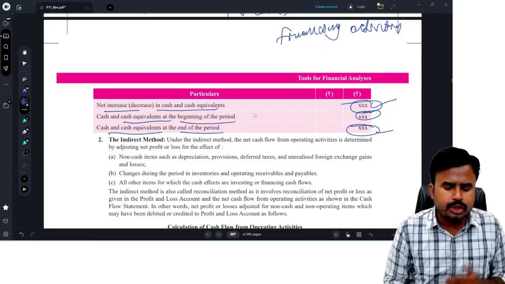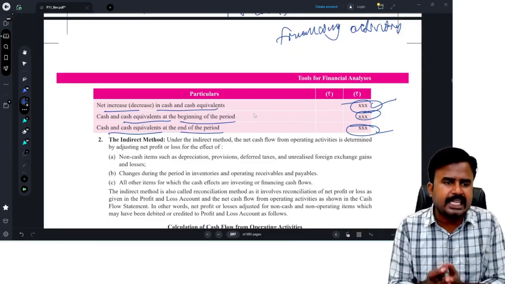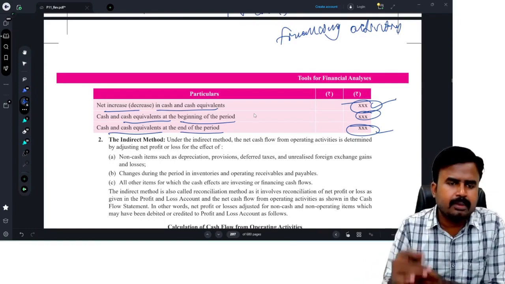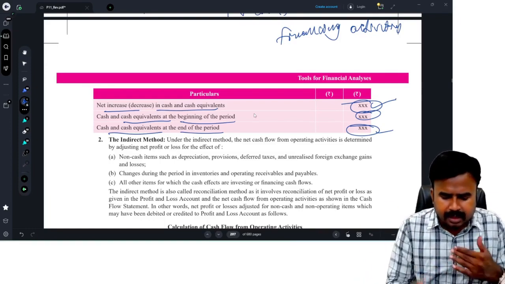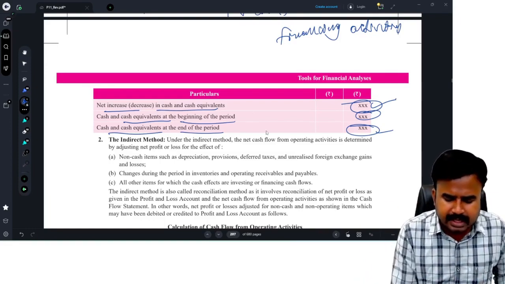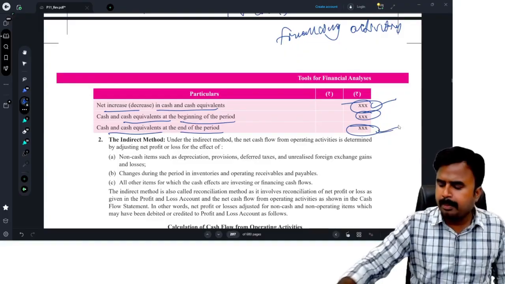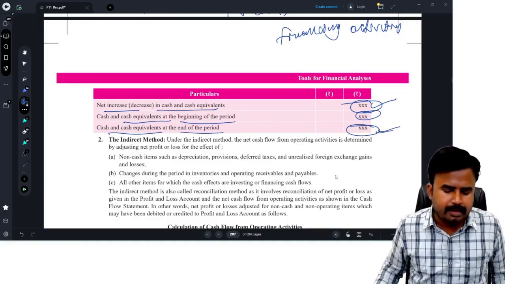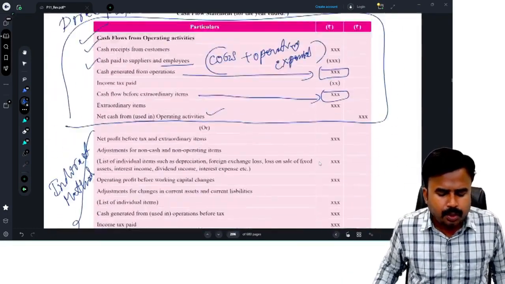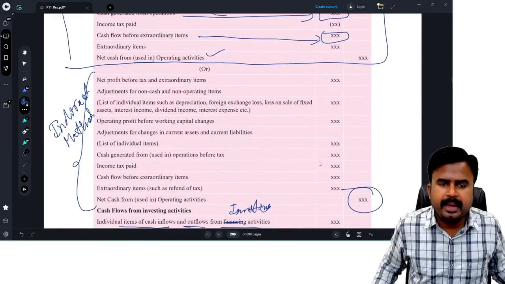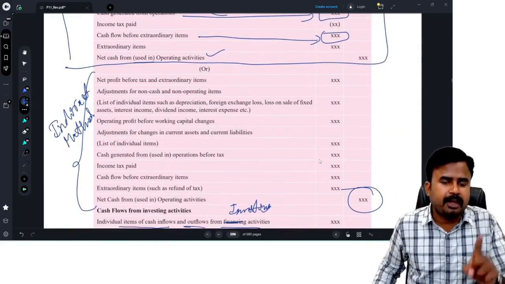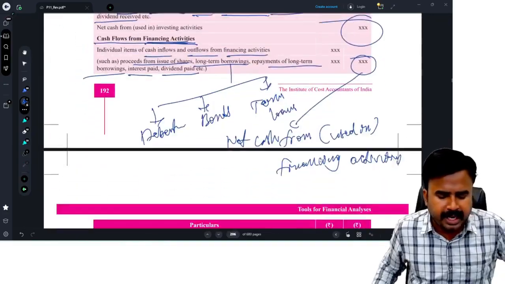And to that number, you should add back the cash and cash equivalents at the beginning of the year, nothing but the first balance sheet date. And then finally, I'll get the cash and cash equivalents at the end of the year. That is the balance at the end of the year on the closing balance sheet date. Okay. So this is regarding the format completely with direct method for preparing the statement of cash flows from operating activities.